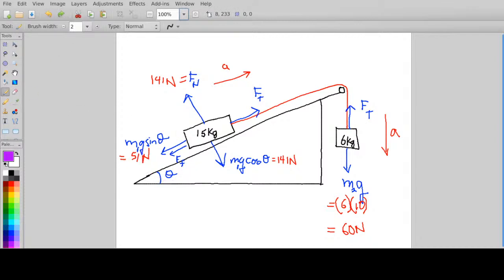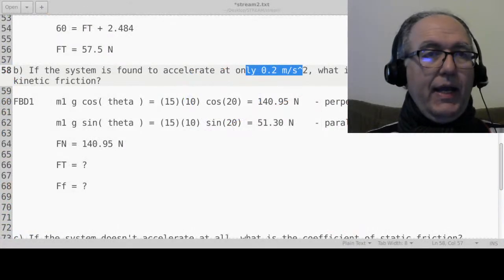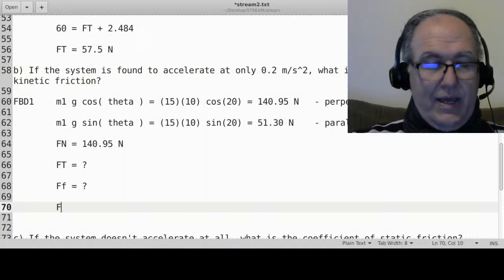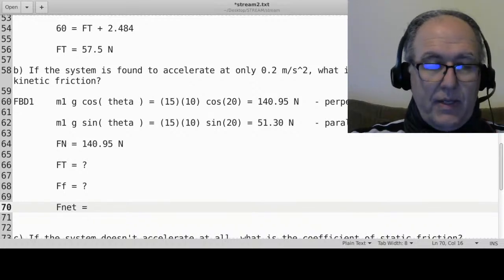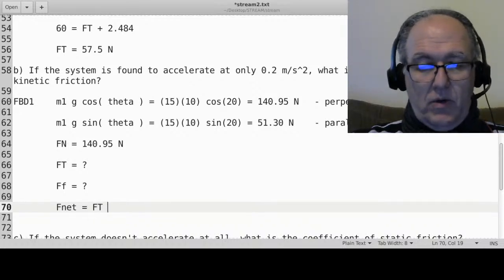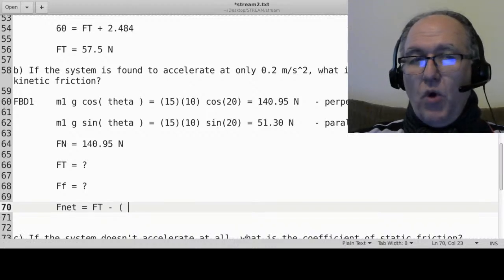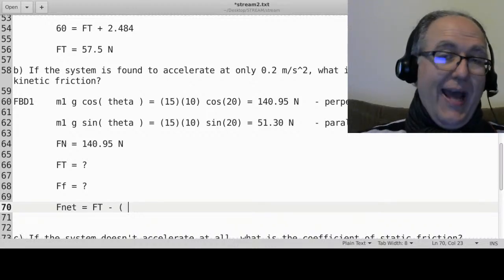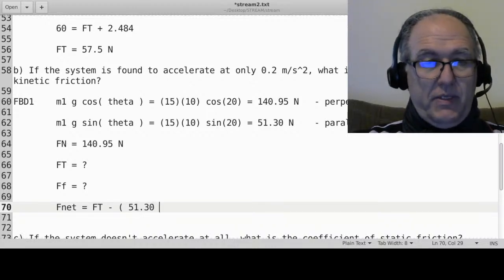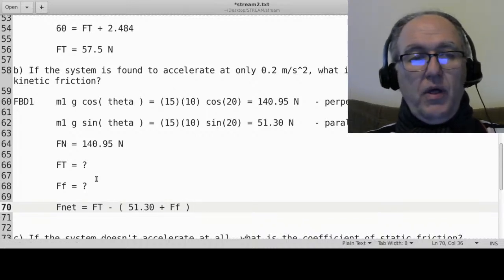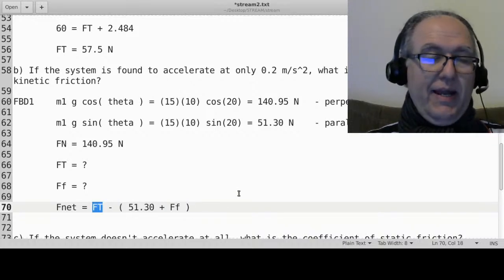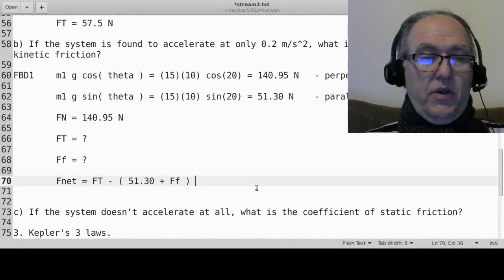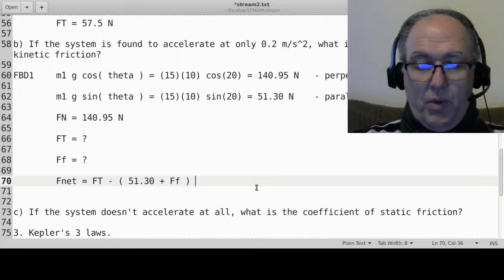Now we can write that F net is equal to Ft, which is pulling uphill, minus, and both forces downhill are adding together, so you've got 51.30 plus Ff. Both of these are pulling downhill, and so they compete with that Ft. If you want to clean that up a bit, we will in a minute.